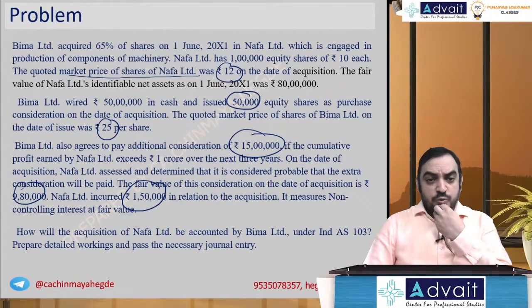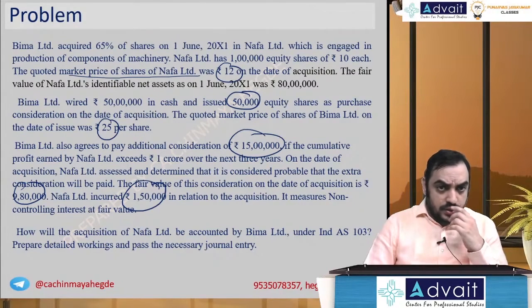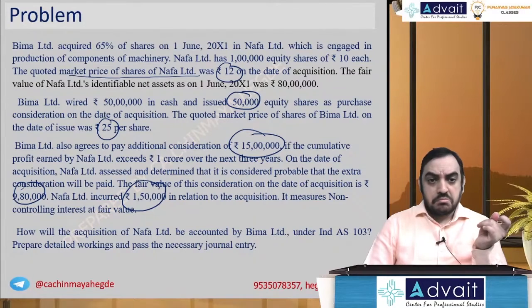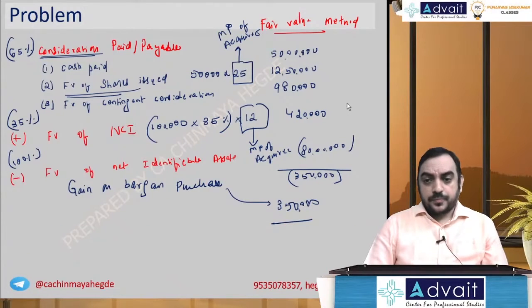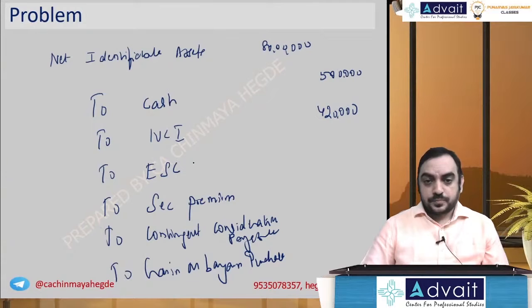And what is the face value? NAFA Limited they have given, but what is Bima Limited's not given. We'll take it as 10 rupees. We'll assume it. Okay. So 50,000 into 10, assumed, 5 lakh.